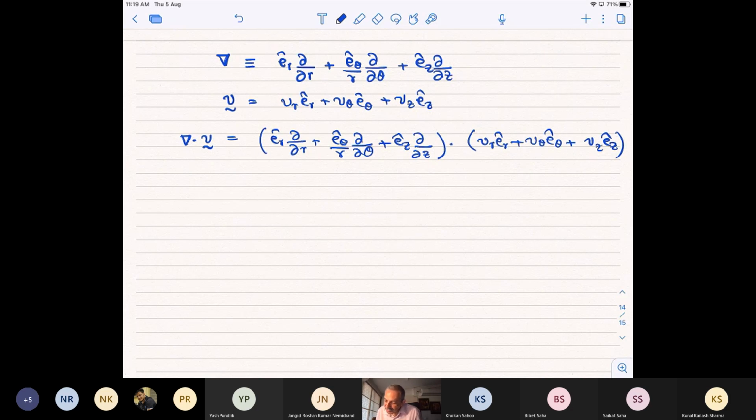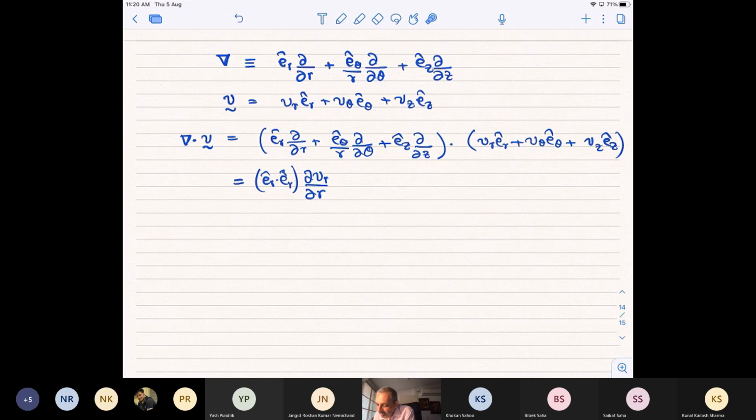So what you find is, let's say for the first term, if I take the dot product with this, ER dot ER will give me 1. But ER dot E theta is 0 and ER dot EZ is 0. So the first term will give you only 1, and so this is just equal to, I'll write it for completeness, ER dot ER, and we'll have del VR by del R. Then let's look at the last term.